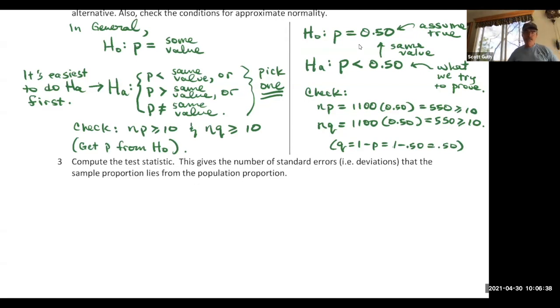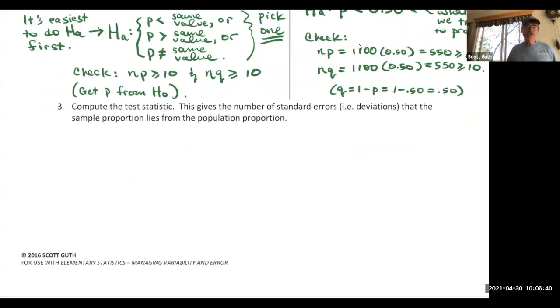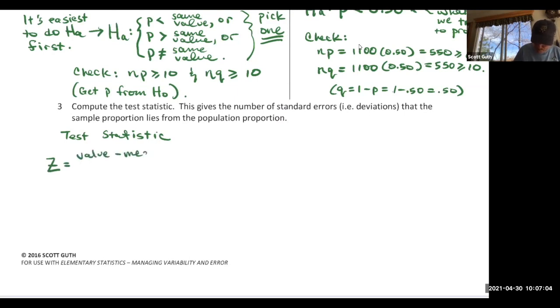All right, so now we just need to count how many standard errors the sample statistic is from 50%. So the test statistic is just our z-score. So the z-score is always value minus mean over standard error.